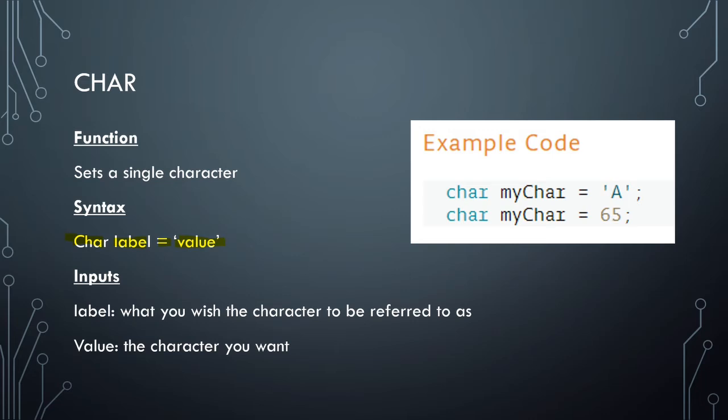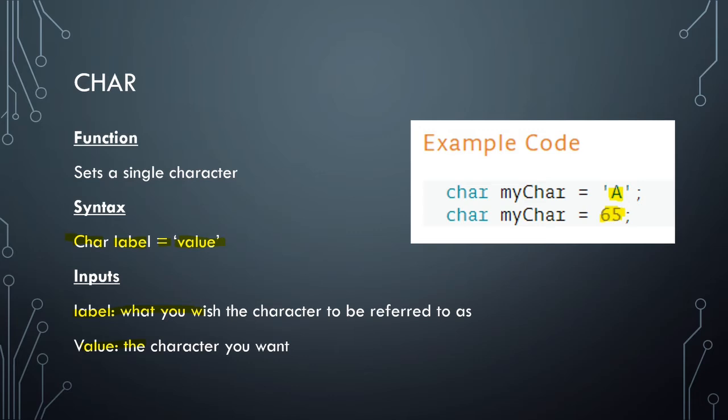And so looking at our inputs down here, we see, again, the label is just whatever you want to call the character, and the value can be any character you want. So over in our example, when we're using characters, typically we do a single character, or it can be a single number.